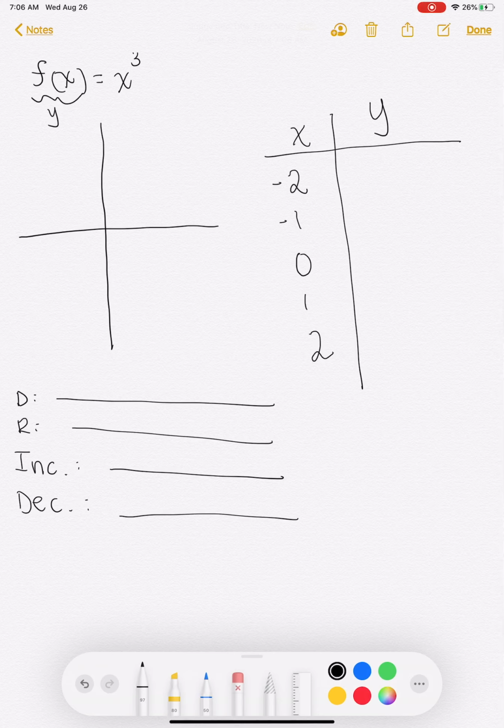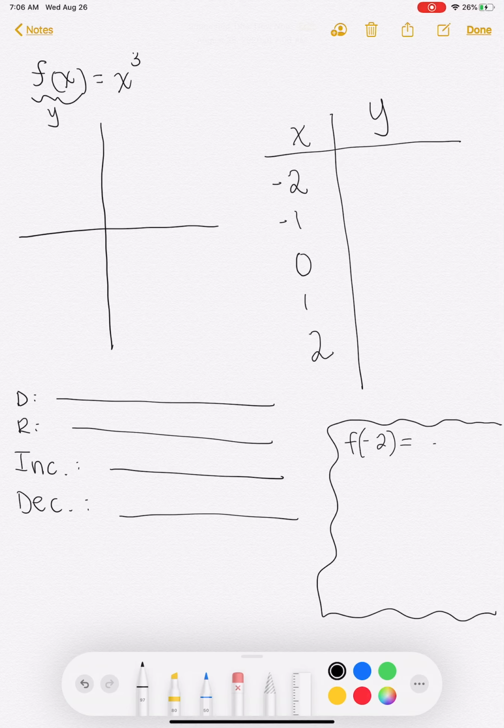Well, how do I get my y values? All you need to do is substitute what you chose for x into your function. So if I substitute in -2, well, -2 cubed, don't forget we are cubing the entire x value, and that negative is attached to the x value too.